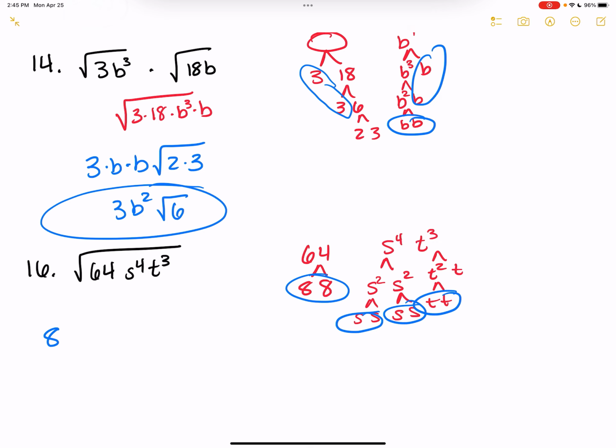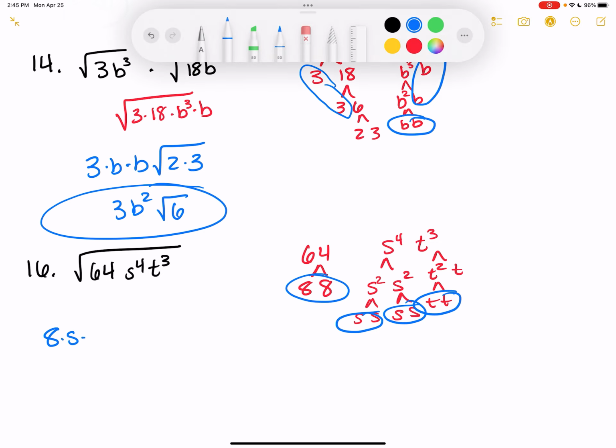So 8 times s times the square root of t, or wait, what about the other t? I did leave out the other t, times t times the square root of t. There we go. I'm reading across trying to make sure I get everything. Alright, so this gives me 8 times s squared times t times the square root of t.